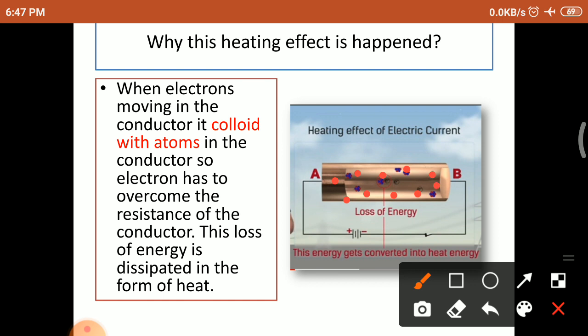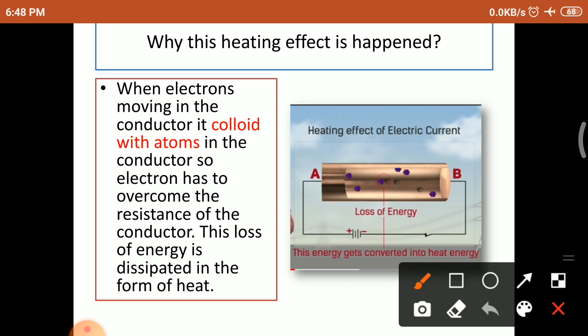When we connect to a battery, the electrons start to flow. When electrons move in the conductor, they collide with atoms in the conductor. So electrons have to overcome the resistance of the conductor. So this loss of energy is dissipated in the form of heat. Do you understand?